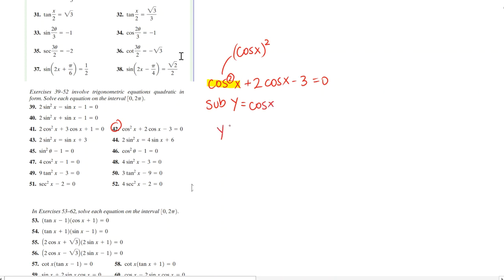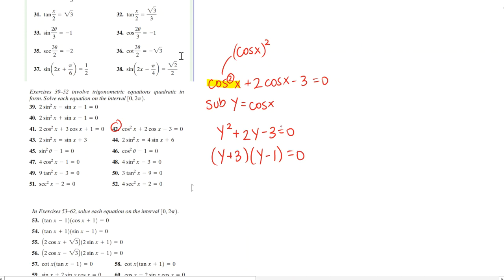So then we'll have y squared plus 2y minus 3 is equal to 0. Now we can see quite easily that it will factor quite nicely to y plus 3 and y minus 1 equals 0. Y squared minus y plus 3y, so you get 2y minus 3.